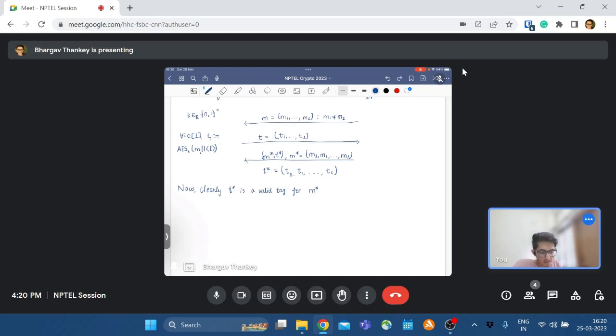Now, T2 is the valid tag for M2, T1 is the valid tag for M1, and the same is true for every other Ti. So T star is a valid tag for M star. Also, M star is not equal to M because M1 and M2 are not the same. So M star, T star is a valid forgery.